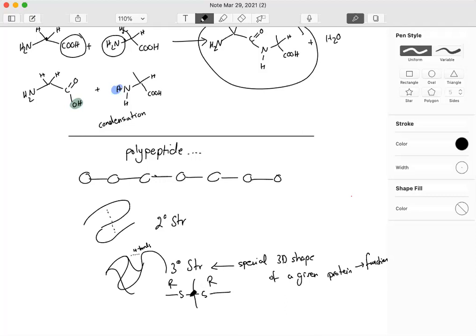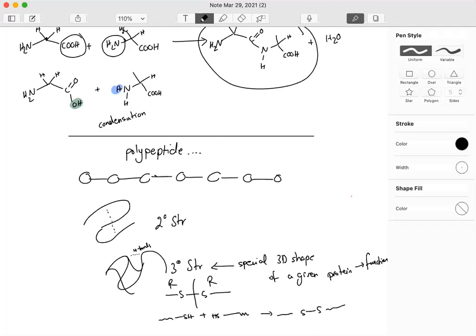They come together in space in 3D and form a bond. Here we have one amino acid and here another amino acid.